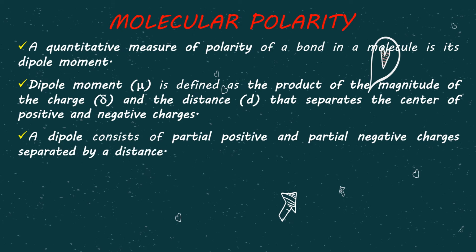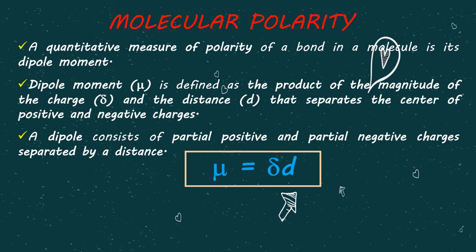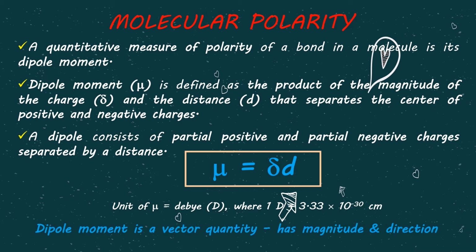So in formula form, the dipole moment is called mu, which is equal to the magnitude of the charge delta and the distance d. The unit of mu is debye, where 1 debye is equal to 3.33 times 10 to the power of negative 30 coulomb meter. So dipole moment is a vector quantity, which means that it has magnitude and direction.